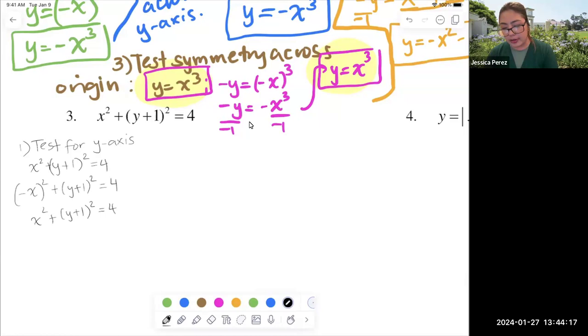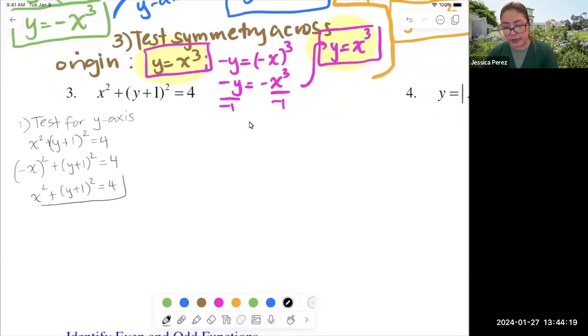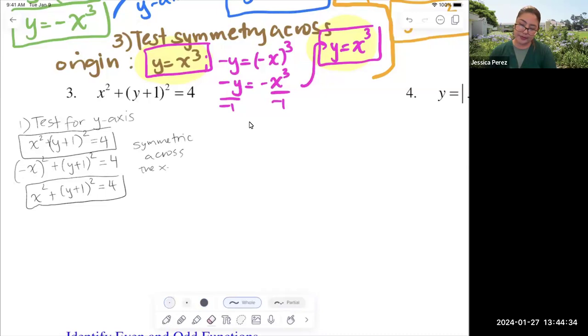Then they're the same. So this is symmetric across the y-axis. Because when we substituted x for negative x, that's exactly what we got.